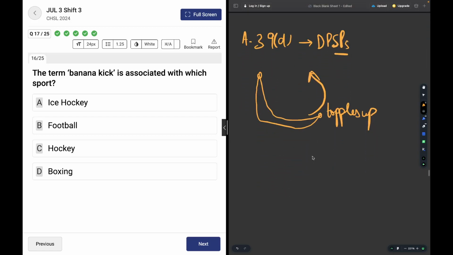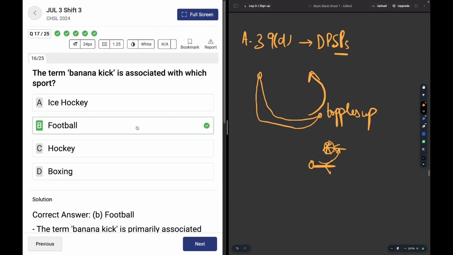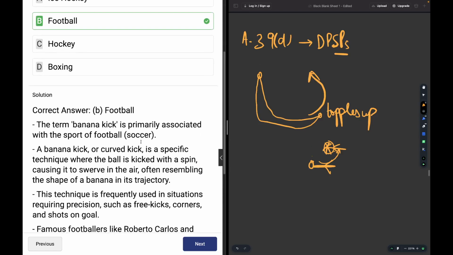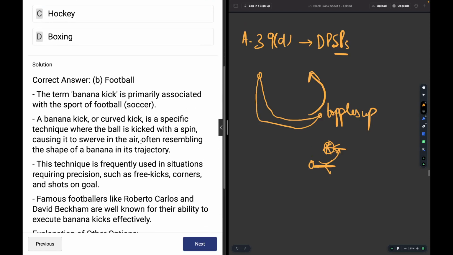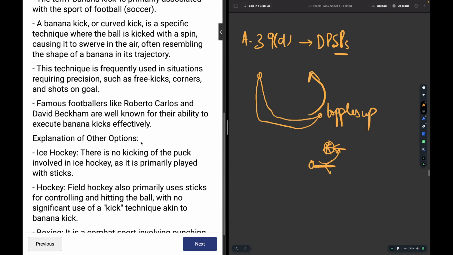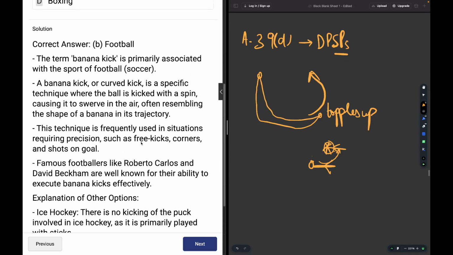Similarly, if a man or a woman playing football lies down in the air or tries to bend himself in the air in such a manner that his foot touches the football like this, this action is called a banana kick. The banana kick is primarily associated with the sport of football. You may read about everything over here.